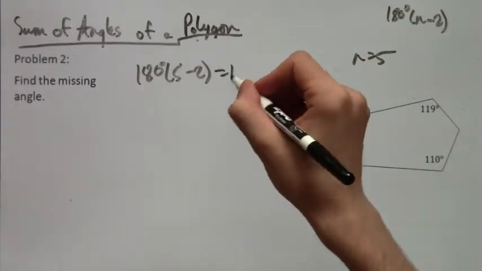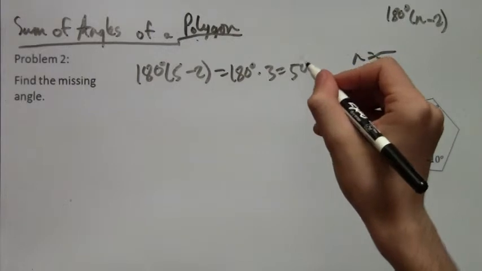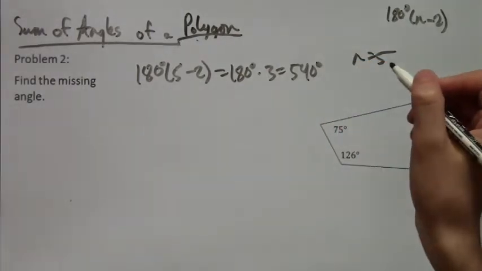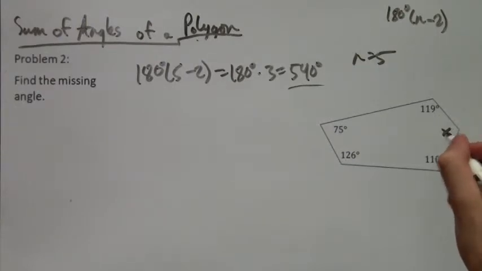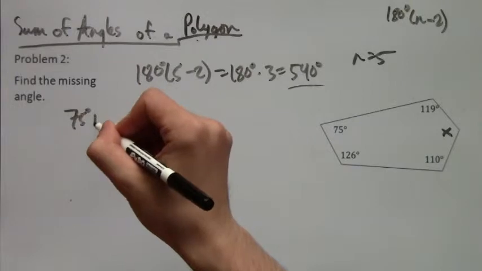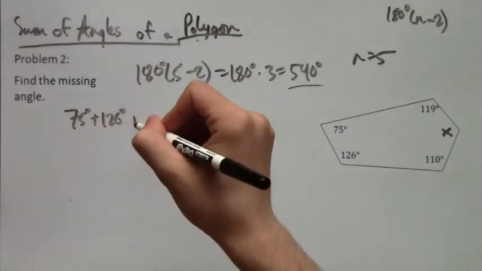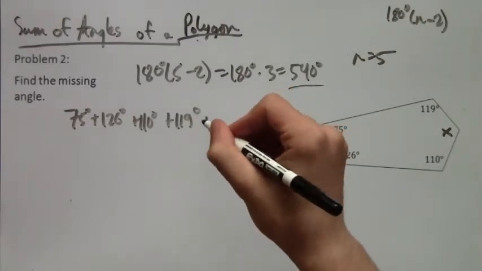We have 5 sides. We plug 5 into our formula, we get 180 degrees times 3, and we just calculate that, it's 540 degrees. In this case, again, you could have remembered it from the beginning of the video when I showed you that a pentagon has sum of angles 540 degrees, but it's always useful to plug it into the formula to make sure.